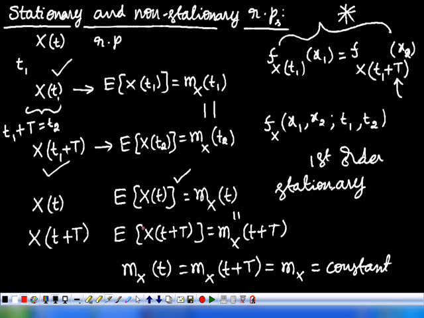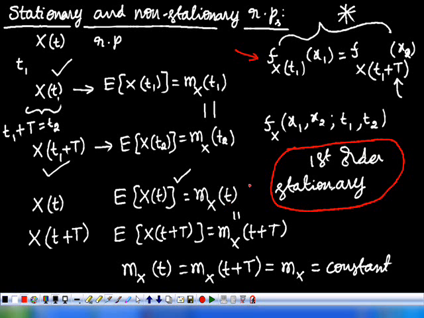Why first order stationary? Here, the density function that we considered is called the first order density. We are assuming its properties are not varying with time, and we observe the process at t1. Then the marginal density fx of t1 of x1 is the density function of one random variable, x of t1.